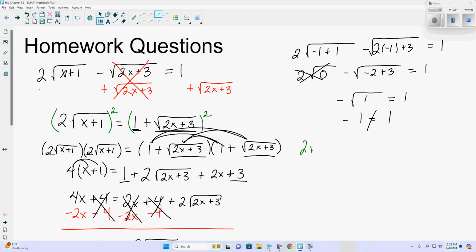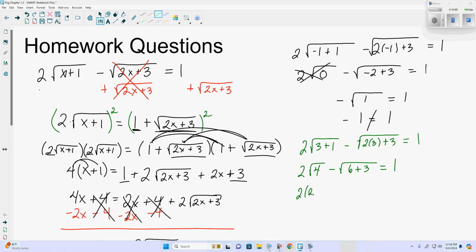3, 2 square root of 3 plus 1 minus square root of 2 times 3 plus 3. The first one would be 2 square root of 4 minus 2 times 3 is 6 plus 3.